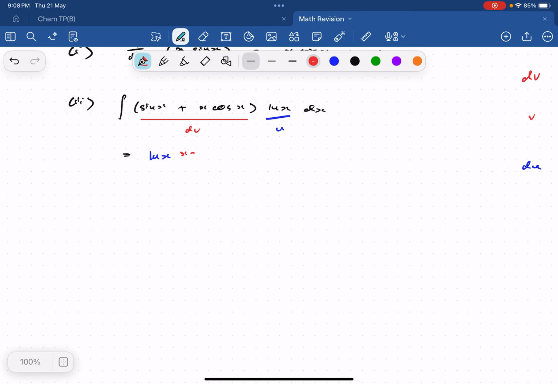Sorry, it's getting late at night. And then minus, now I want to differentiate u, so I get 1 over x, and then x sin x, whole thing integrate with respect to x. And obviously this x and this x can cancel, so this will just be the integral of sin x.